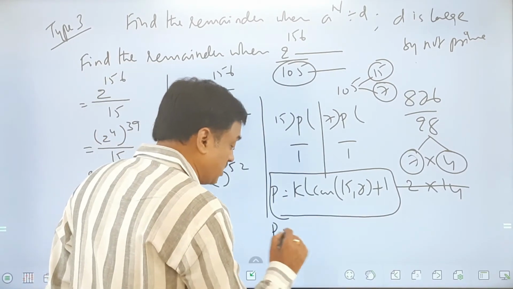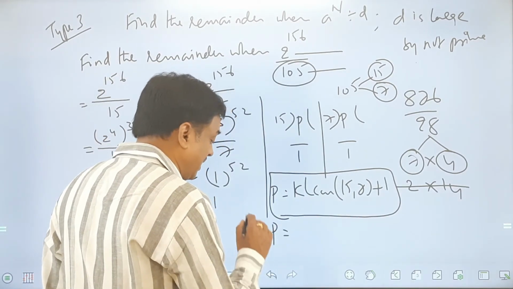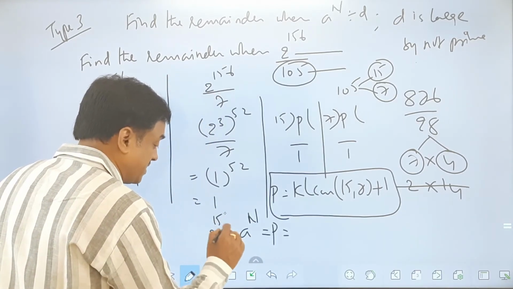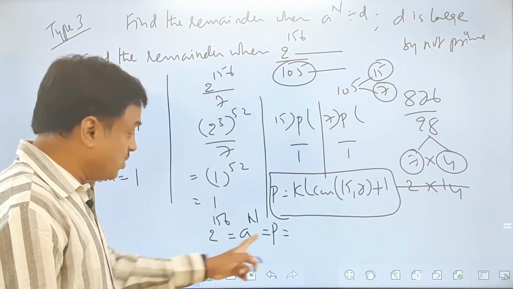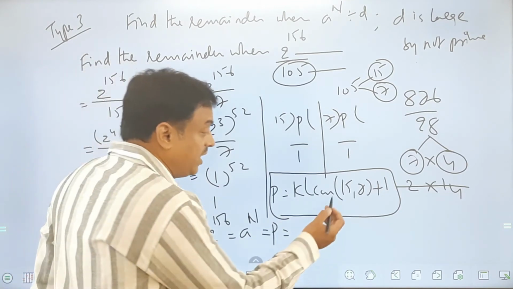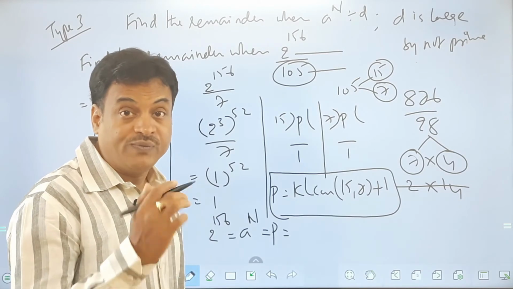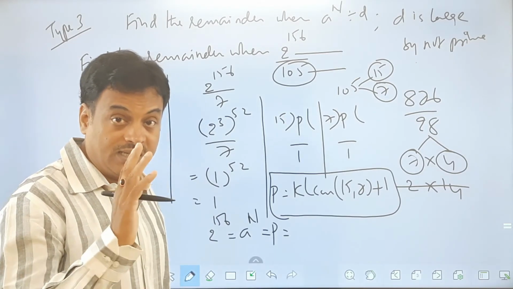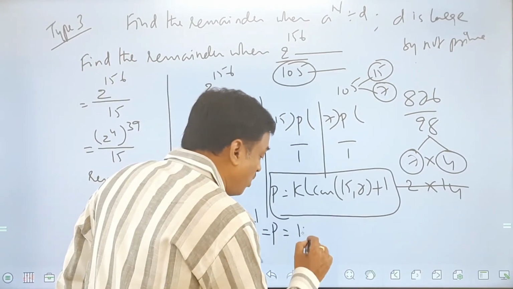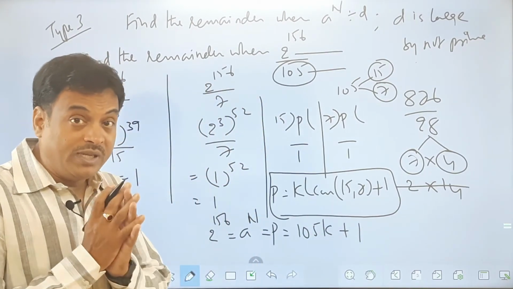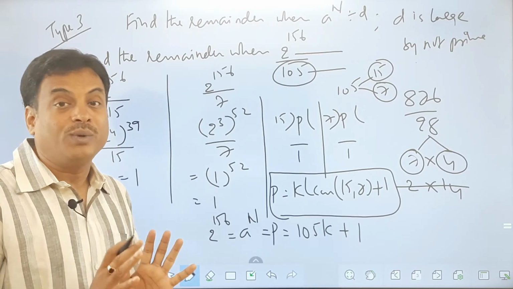So p is equal to the number which I am actually taking as a to the power of n, which is 2 to the power of 156. That is all represented as p. What is the LCM of 15 and 7? Since 15 and 7 both are co-primes, 15 sevens is the LCM, which is 105k plus 1.